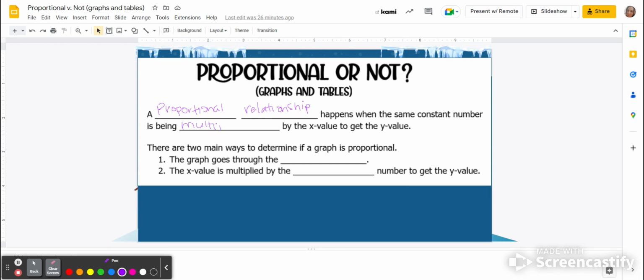Remember that magic number I told you about? The magic number and the constant number are the same number. By the x value and the y value.